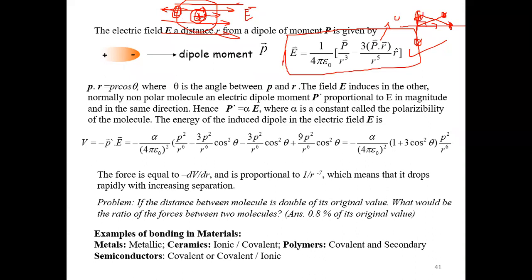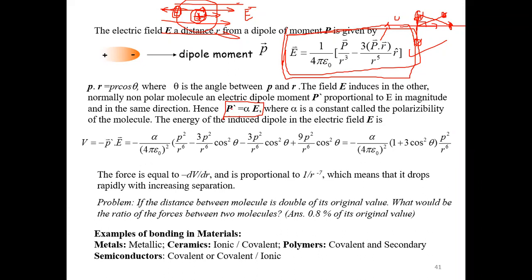So that is what happens when the polar molecule creates an electric field, and this electric field is experienced by the non-polar molecule that exists in the solid. As a result, the non-polar molecule becomes polarized, and that polarization is proportional to the strength of the electric field.